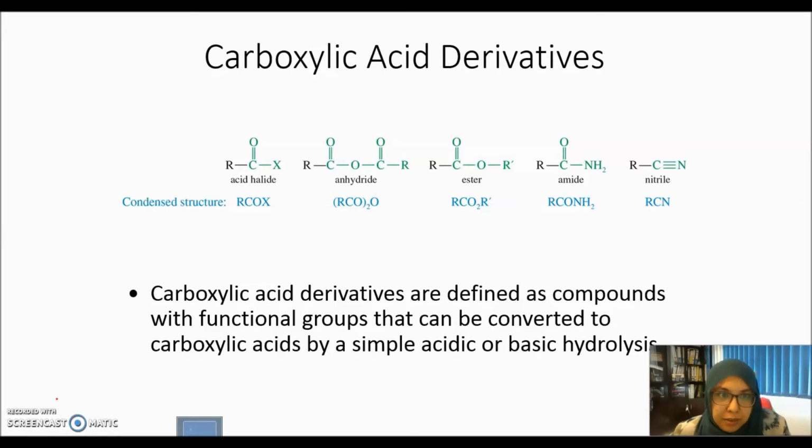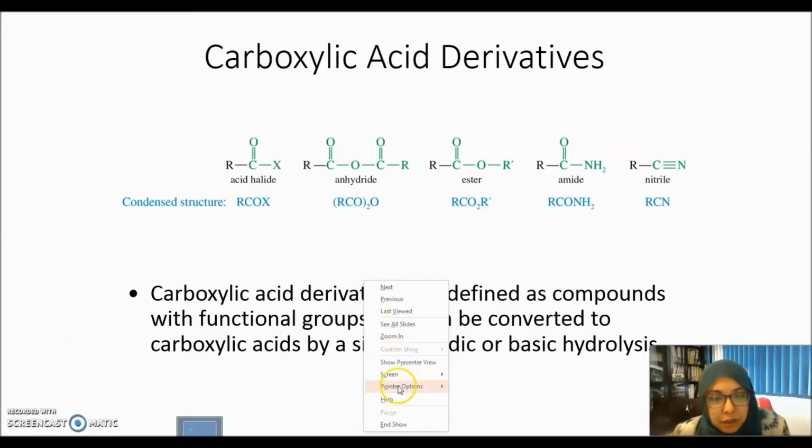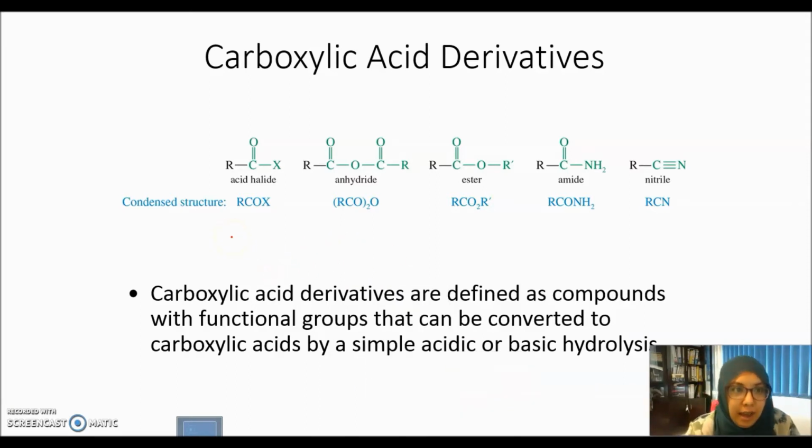However, let me tell you that they are not new. You have seen the similarity of things. For example, you have seen acid halide in the form of its junior, that is alkyl halide.